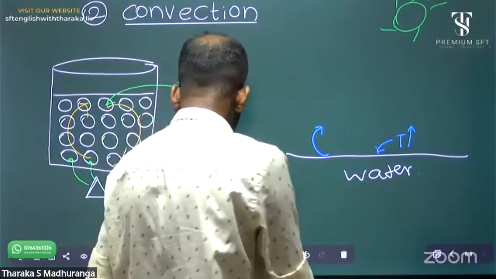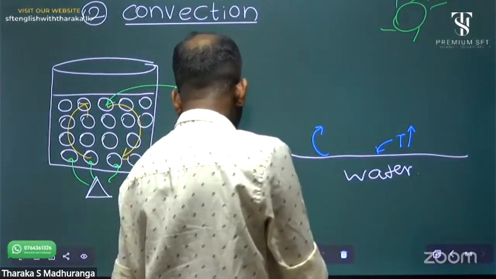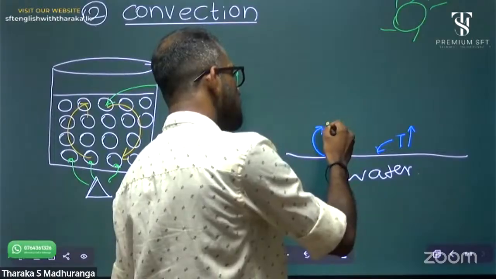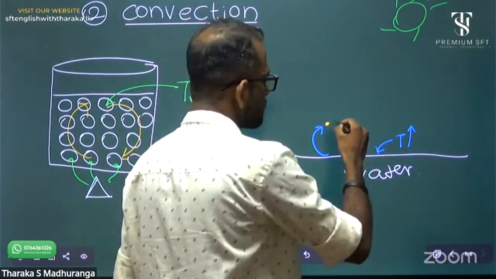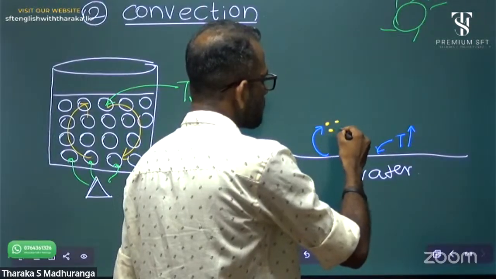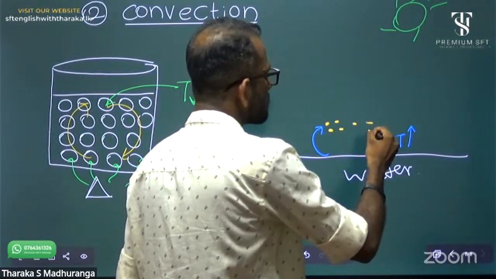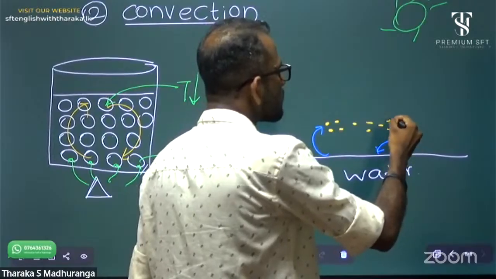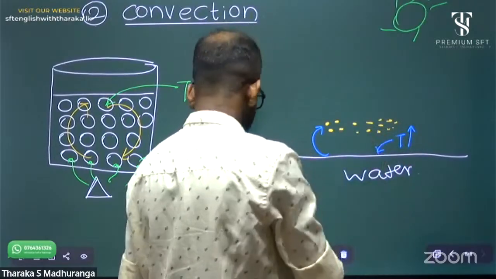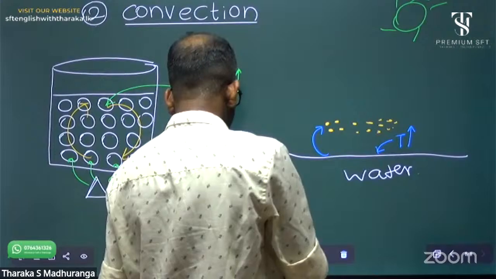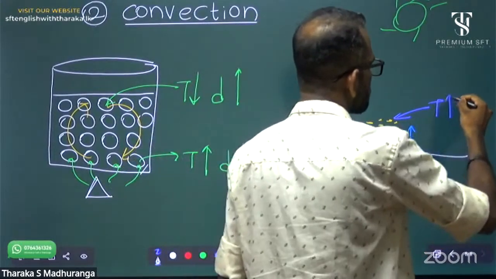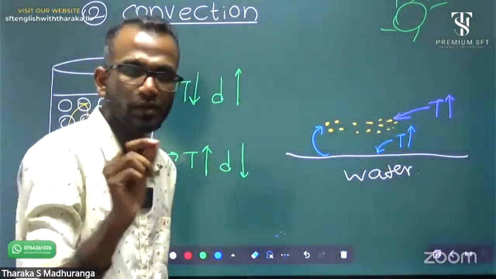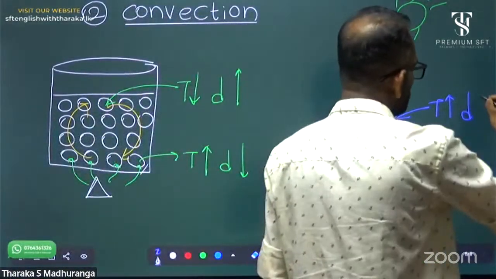Okay, now there is water vapor, right? Now it is in the gas stage. Heated water vapor. How about the temperature of this water vapor? It is highly heated, and its density is low.